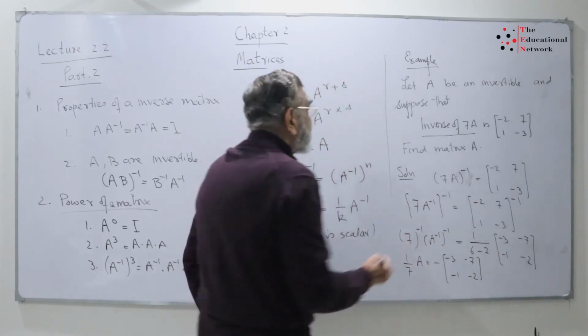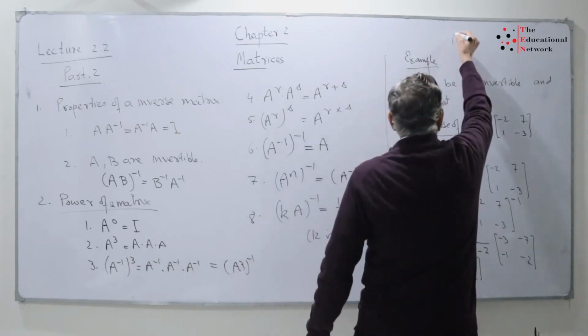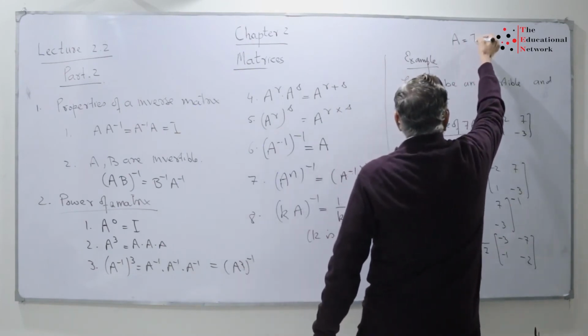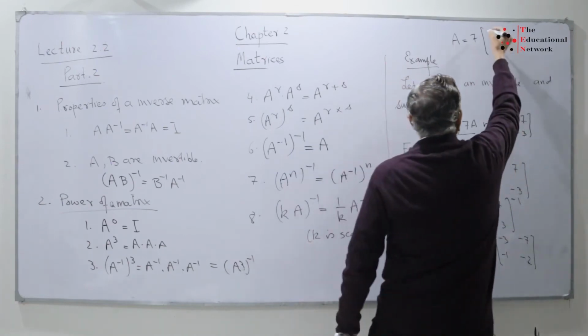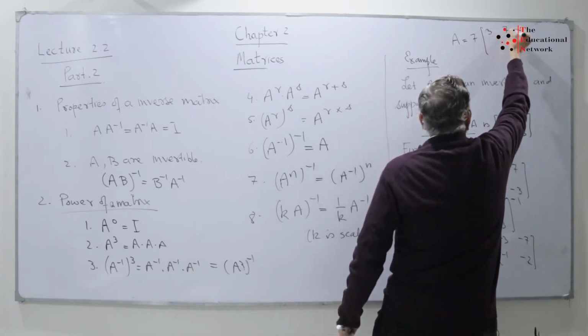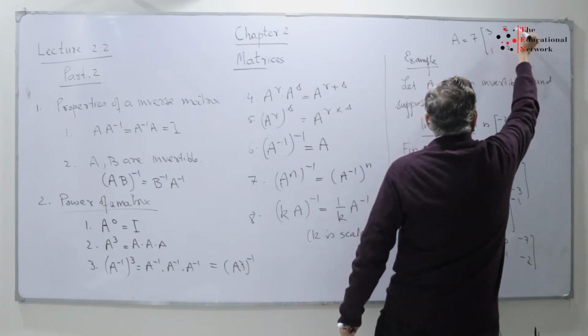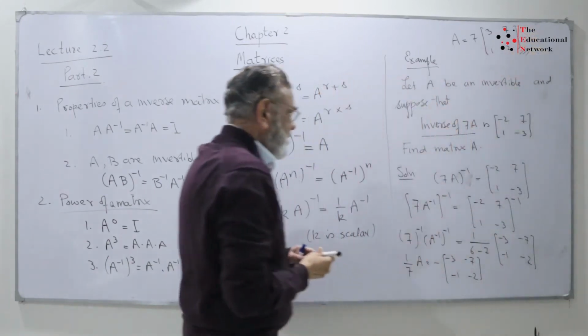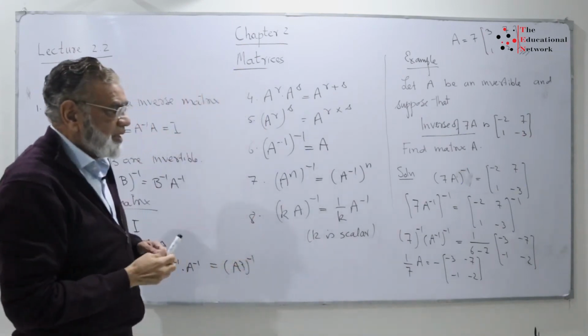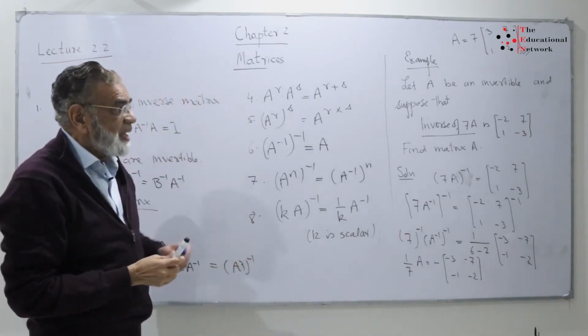I can just write my result: A is equal to 7 times the matrix 3, 7, 1 and 2. So this is my answer. This is not the unique way of doing it. You can use these properties in other ways also and you can get the same result at the end.